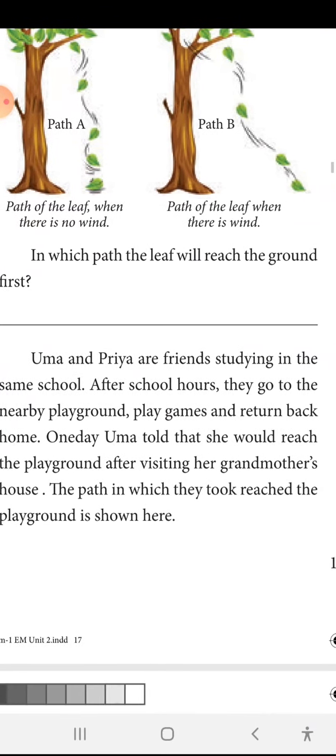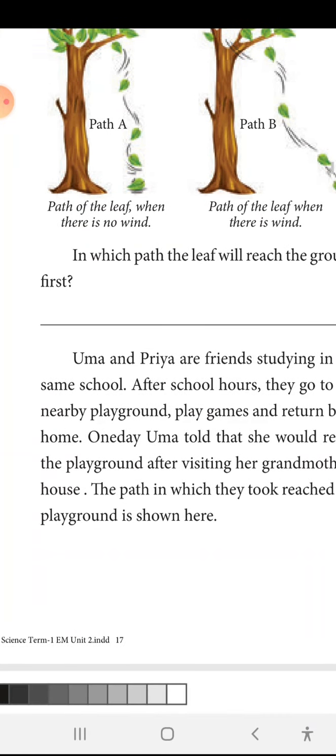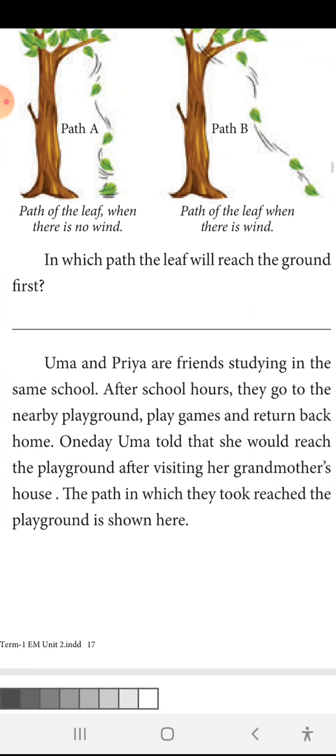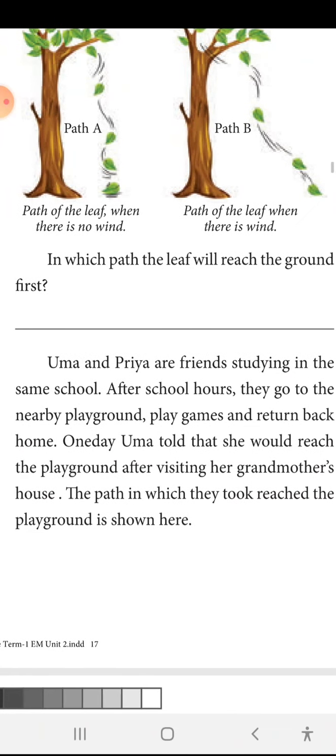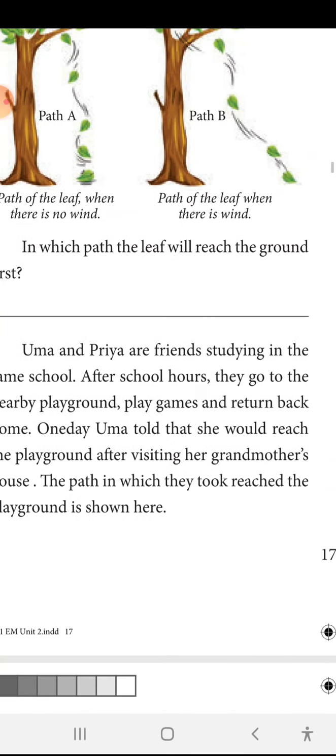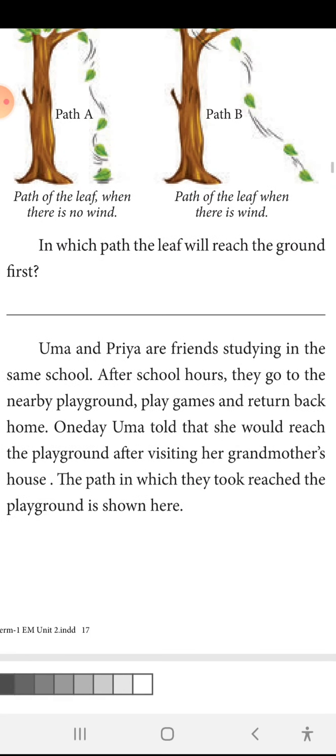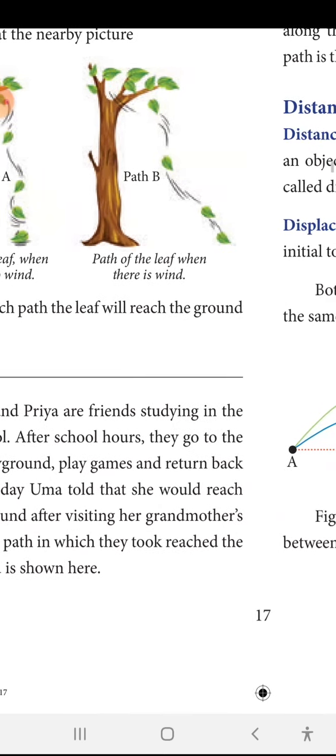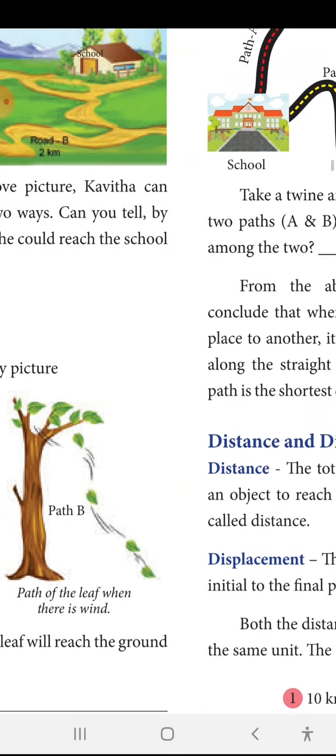Then Uma and Priya are friends studying in the same school. After school hours, they go to the nearby playground, play, and return back home. One day, Uma said she would reach the playground after visiting her grandmother. As we saw with the house and school, here there is a playground in between.